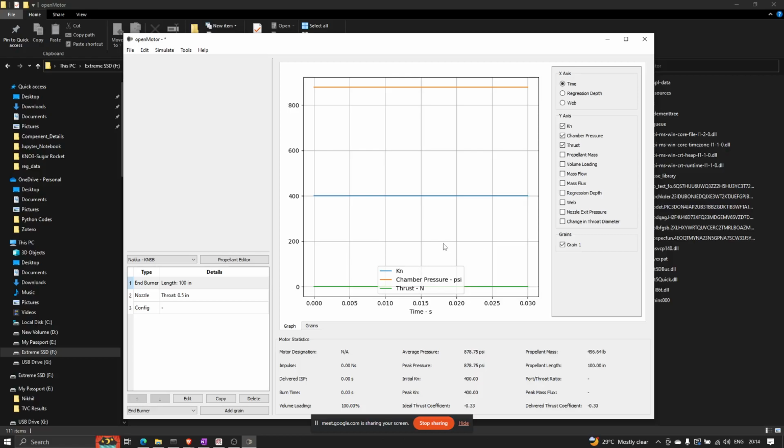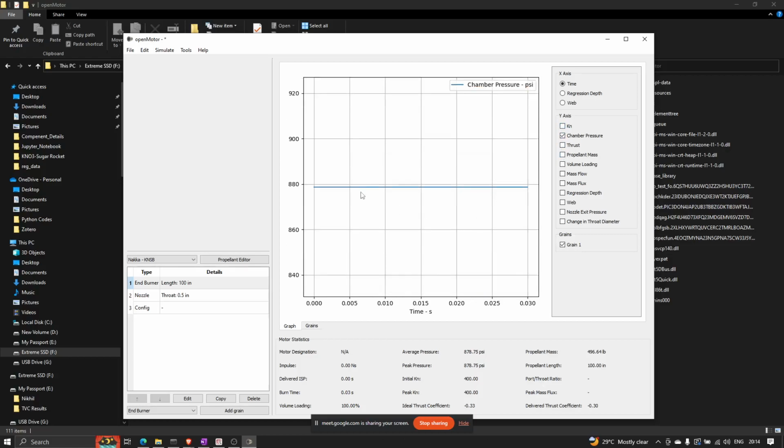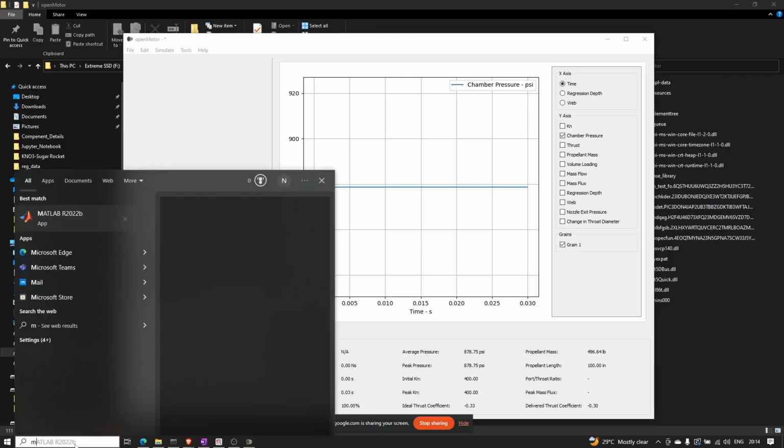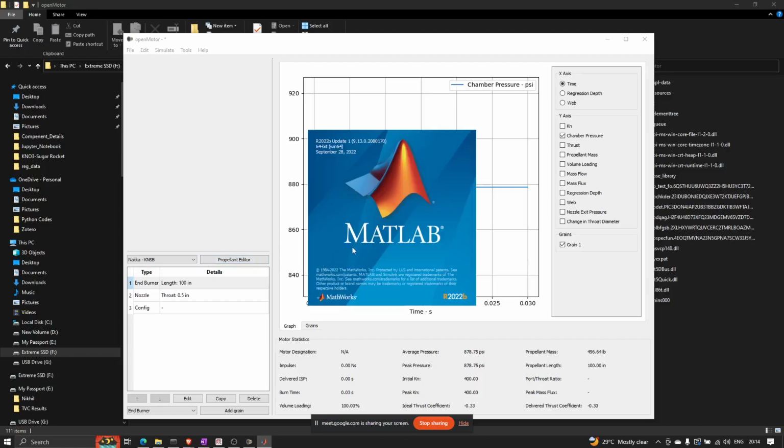If I show you only the combustion pressure, this is only telling you the equilibrium pressure. If you have to simulate the entire thing from the transients, you have to write your own code.